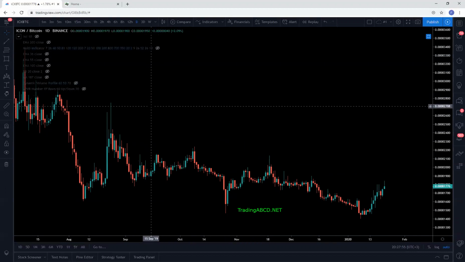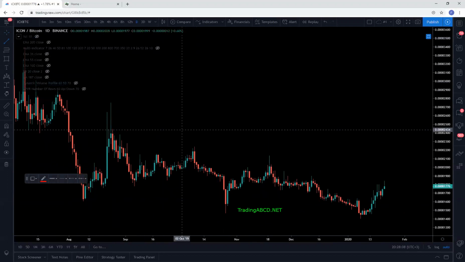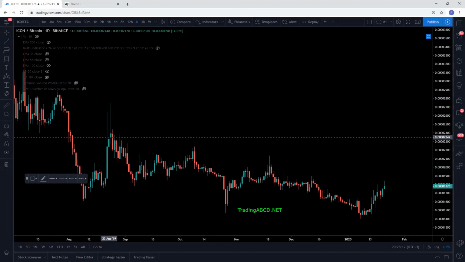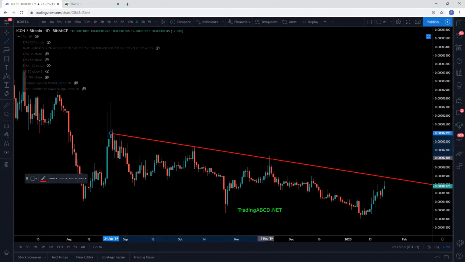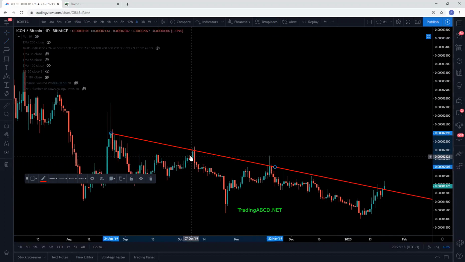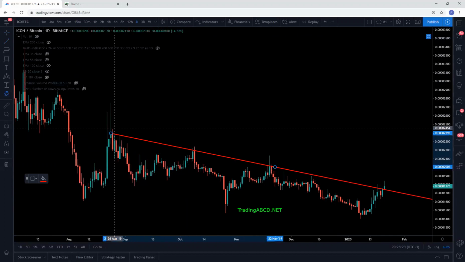What I usually do to decrease the time I spend monitoring and checking the charts is set my own alerts using TradingView. So I go through many coins and I check, for example, this coin, it was downtrending for a long time. So I always draw this downtrend. So here we have the daily close, daily close, daily close. Here we have an obvious downtrend, as you can see here.